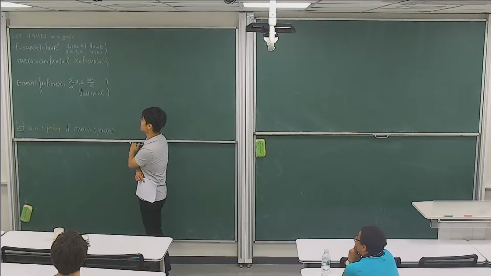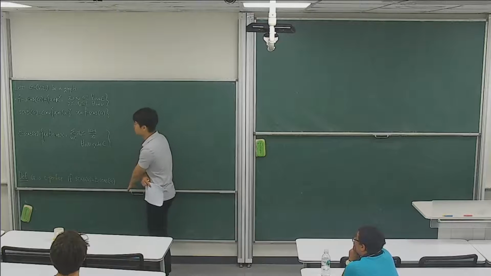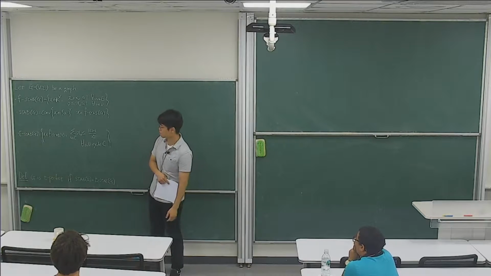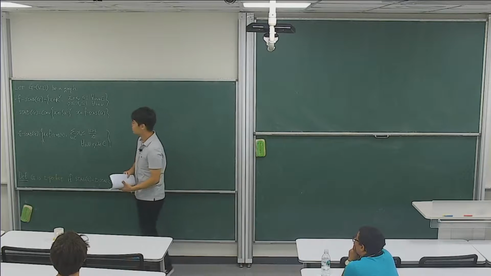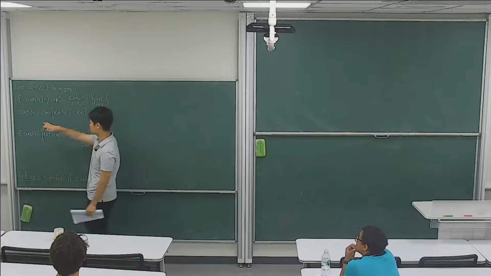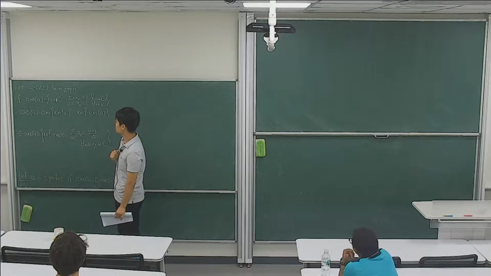For those of you who were not here on the first day, let me briefly define what T-perfect graphs are. You are given a graph, and this F-step of G is defined as follows.